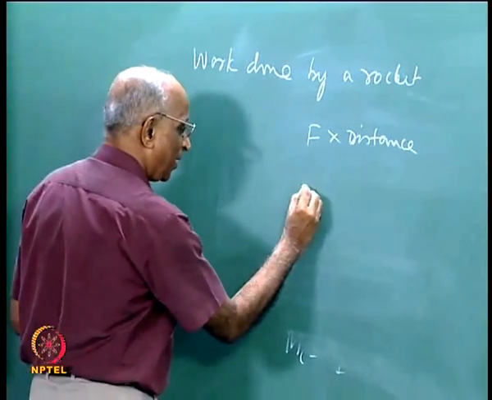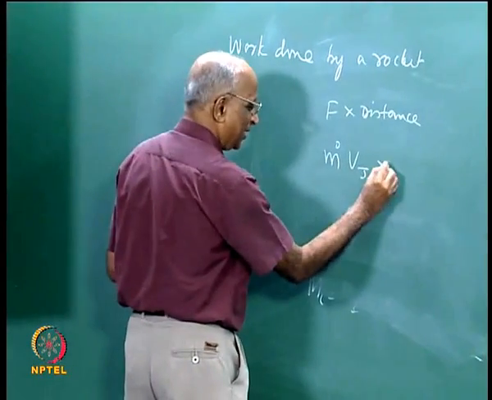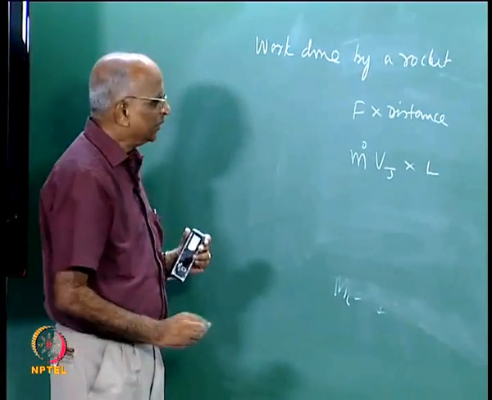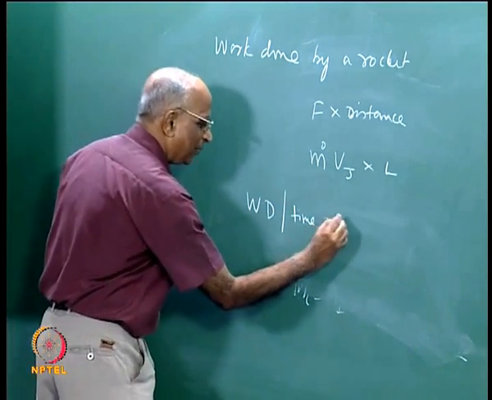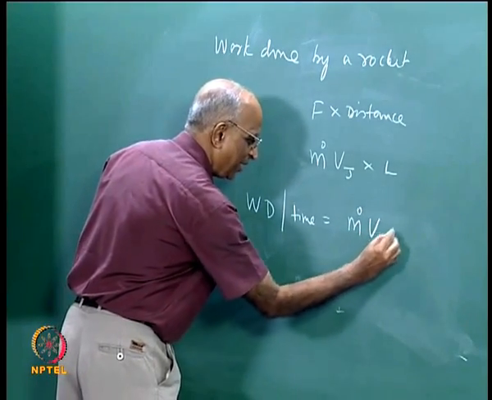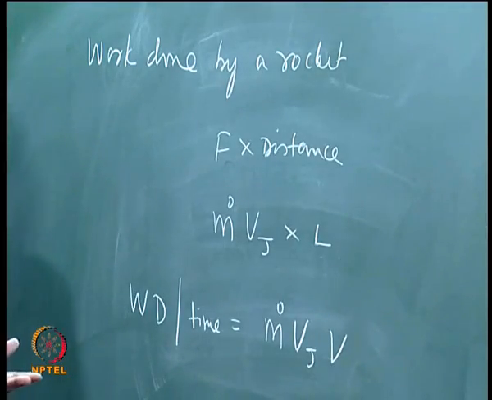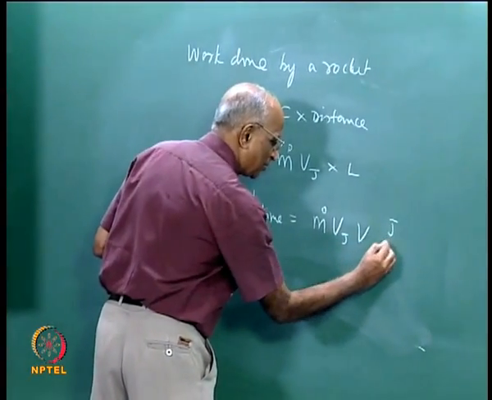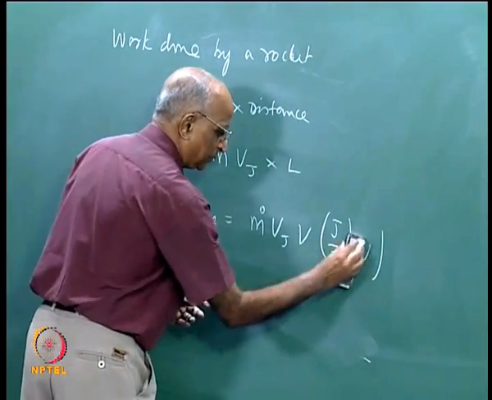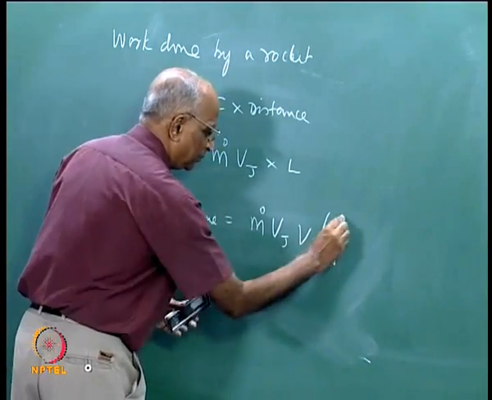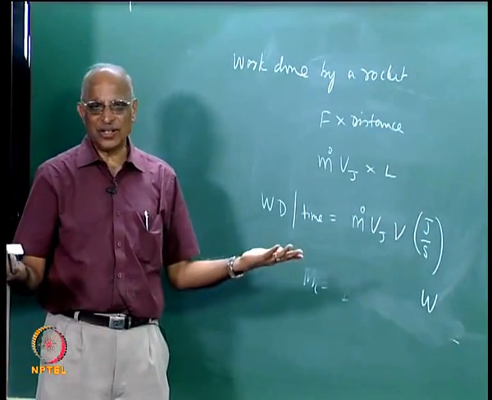The force of a rocket, we told ourselves, is equal to m dot Vj into distance, let us say L. Therefore, I say work done by the rocket per unit time is equal to m dot Vj into the velocity of the rocket, L over T, and therefore we say so much joules per second or so much watts. Is it all right? Useful work, that is the useful work.